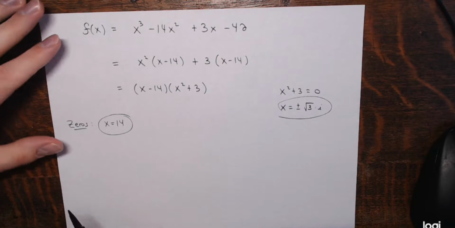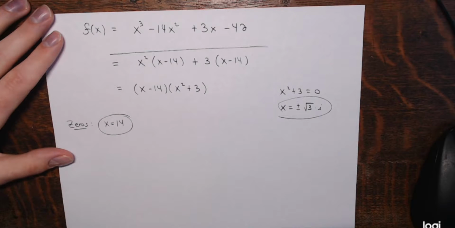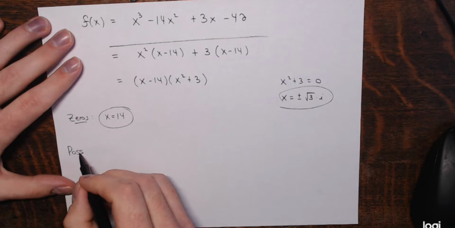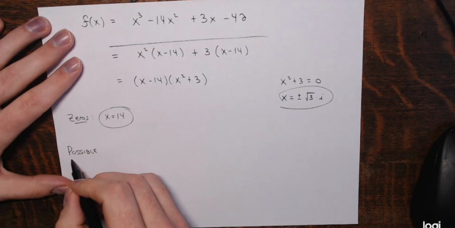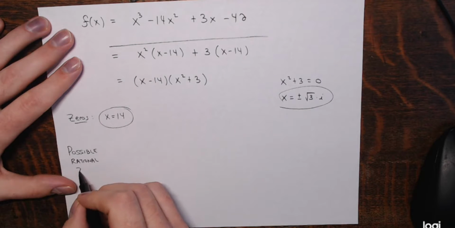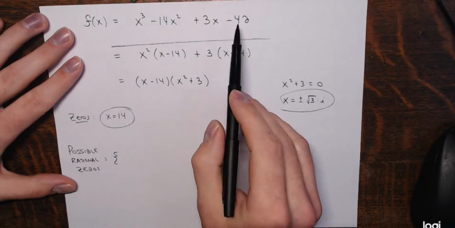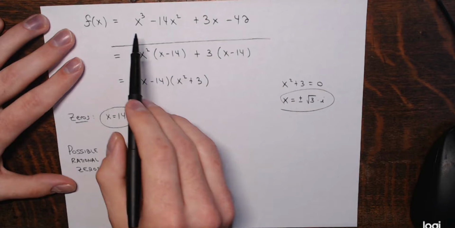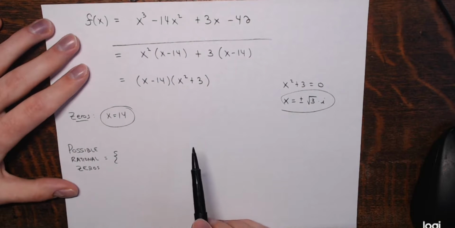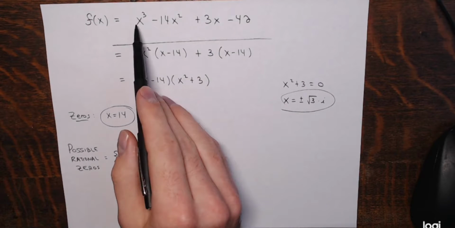Now, if you didn't see the grouping, you could make that list of possible rational zeros, which would just be the factors of negative 42, because the denominator would be just 1. These are all integer coefficients, so you can apply the rational zero theorem. The numerator has to be a factor of 42, the denominator has to be 1.